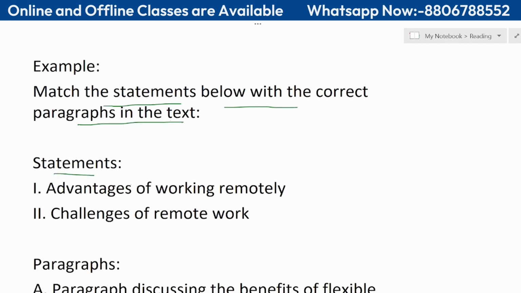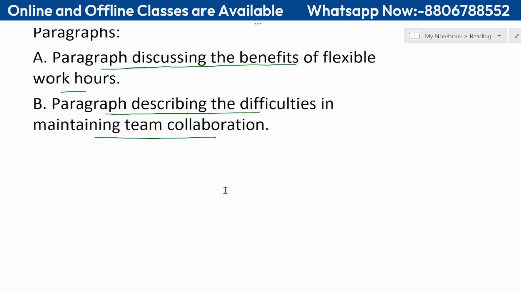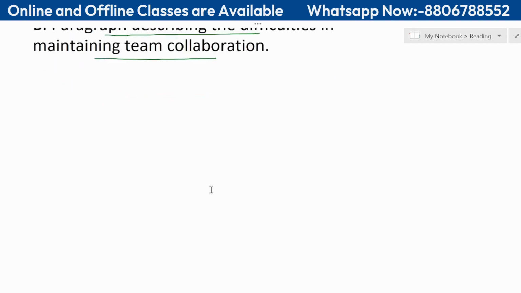So the statements are advantages of working remotely, challenges of remote work. So these are the statements, and the paragraphs which you can associate them with. The example which is given here is A, paragraph discussing the benefits of flexible working hours, and B, paragraph describing the difficulties in maintaining team collaboration. So this is just an example in form of which you can receive in the reading section.